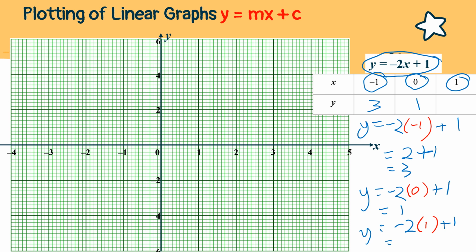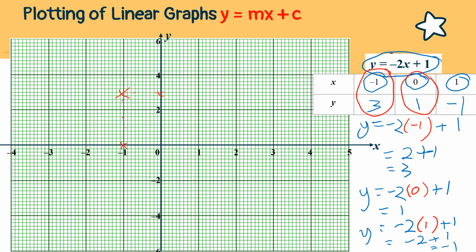We will have negative 2 plus 1 equals negative 1. So what we'll do now is we'll plot these 3 points. The first point is negative 1 and 3. So negative 1 on the x-axis, 3 on the y-axis, and we will have this point here.